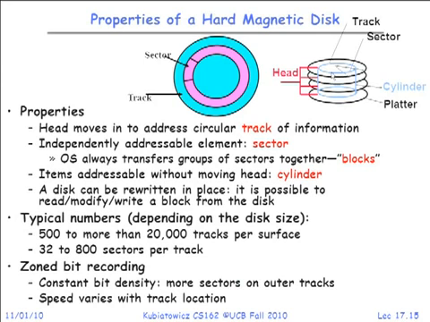Now, the other thing you may or may not know is these heads actually float above a very, very thin cushion of air. There's a little bit of oil, depending on how these work, and basically these are floating on top of it. Does anybody know what the term head crash means?